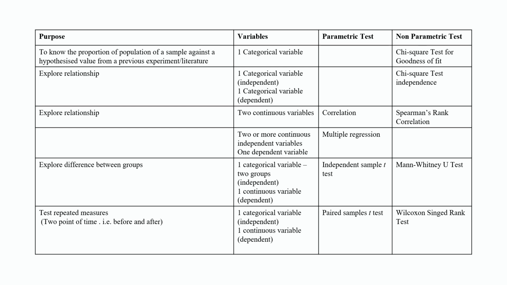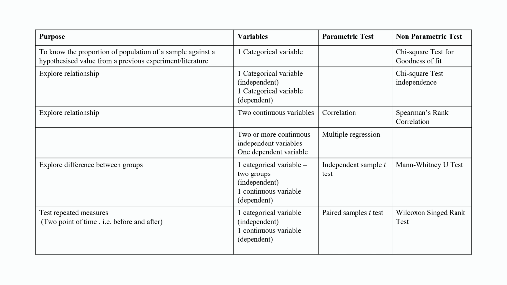Then the next phase is to explore relationships. When you have one categorical independent variable and one categorical dependent variable, you can use the chi-square test for independence.